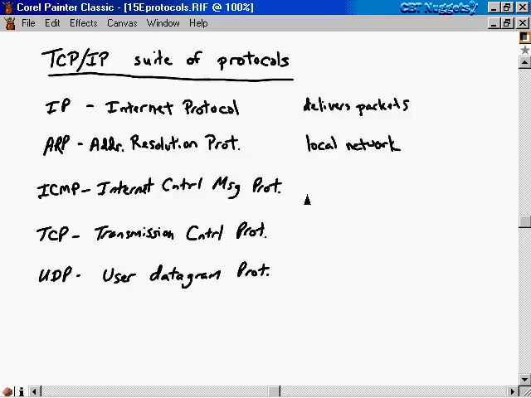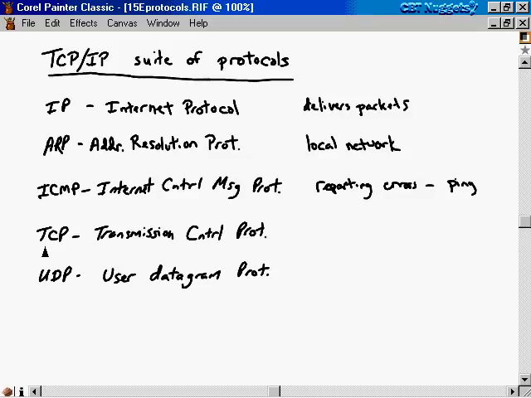ICMP is the Internet Control Message Protocol. This is used for reporting errors. And a few utilities that we're going to look at when we go out to the Linux screen. One of those utilities is ping, and ping uses ICMP to do its work, and we'll see what ping is in a few minutes when we go out to the Linux screen.